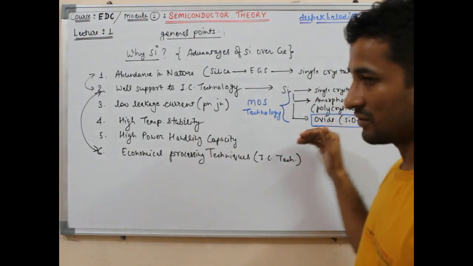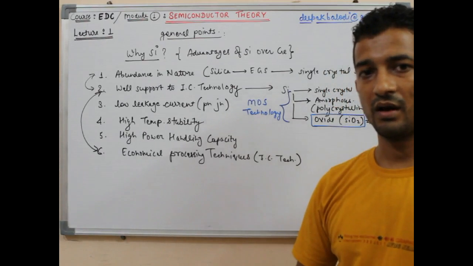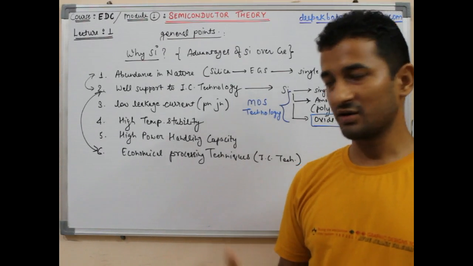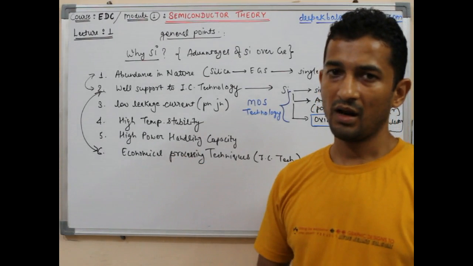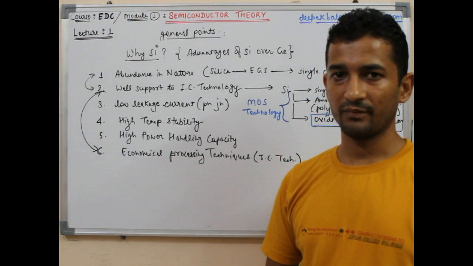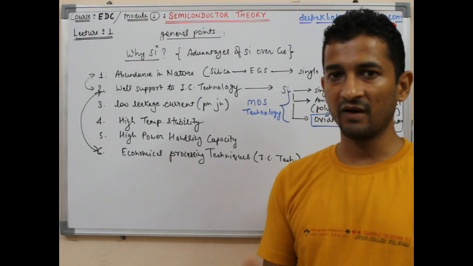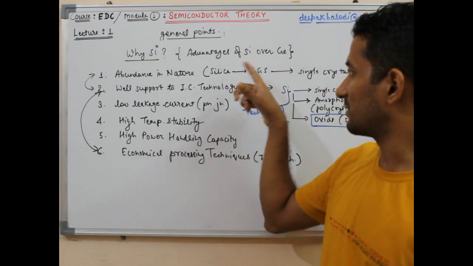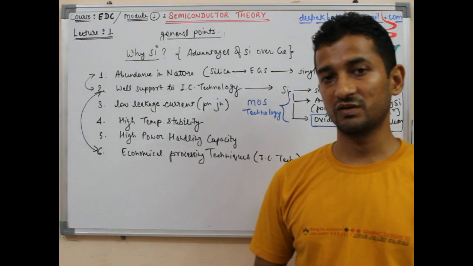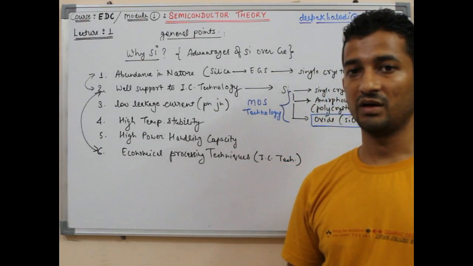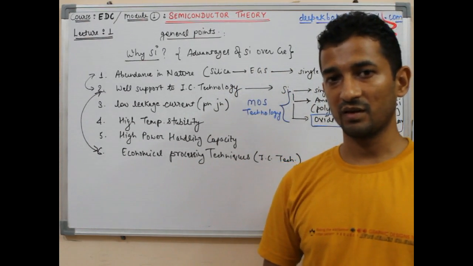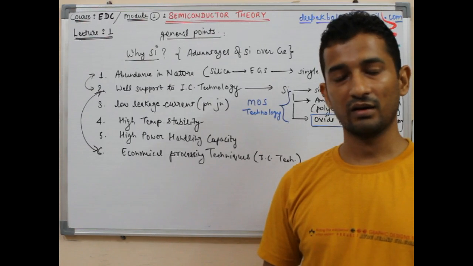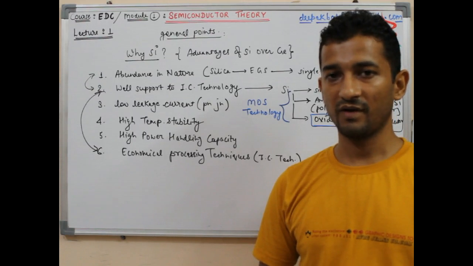So due to this reason, and due to lots of other supportive nature of silicon material, it is very well suited for the processes through which we develop an integrated circuit, at least in comparison to germanium or gallium arsenide. So silicon has become the best choice for any semiconductor device fabrication or development.